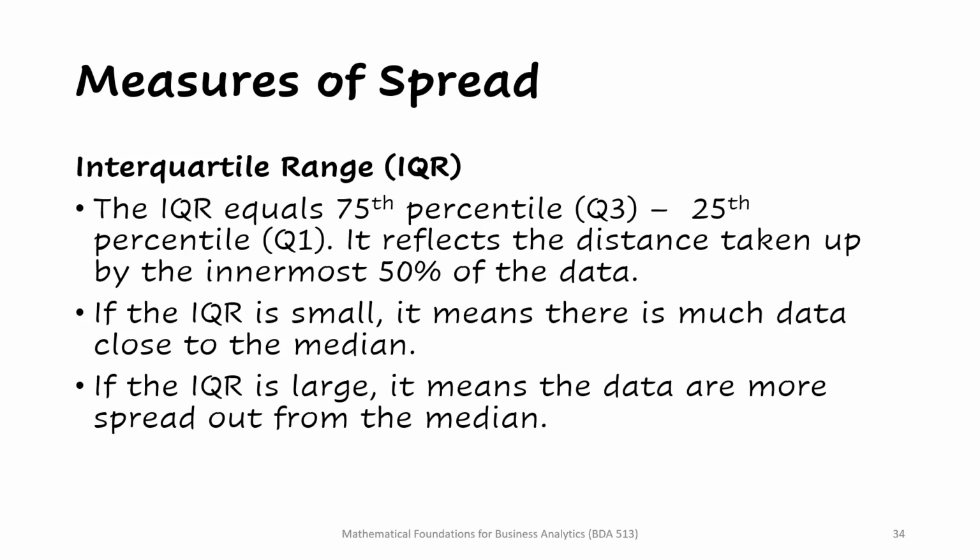Let's say you are looking at income disparity. If it is large, in a typical population, it's somehow expected that with a huge population there will be huge income disparity. But if you take examination scores and the IQR is large, that means there are differences in performance.